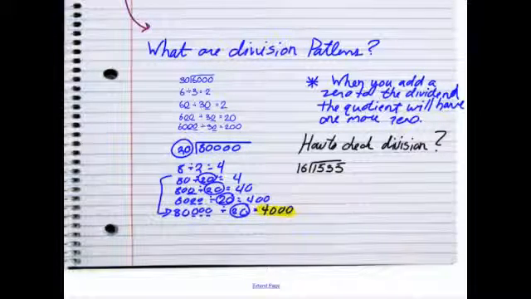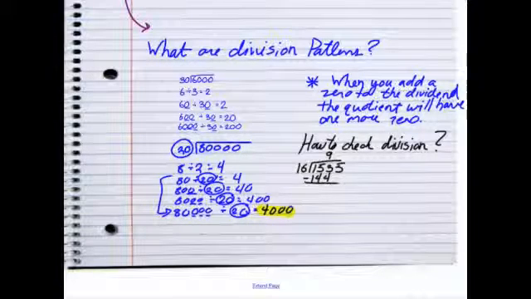Let's do our division first. 16 does not go into 15. 16 has to go into 153, and it does that 9 times. 9 times 16 is 144.